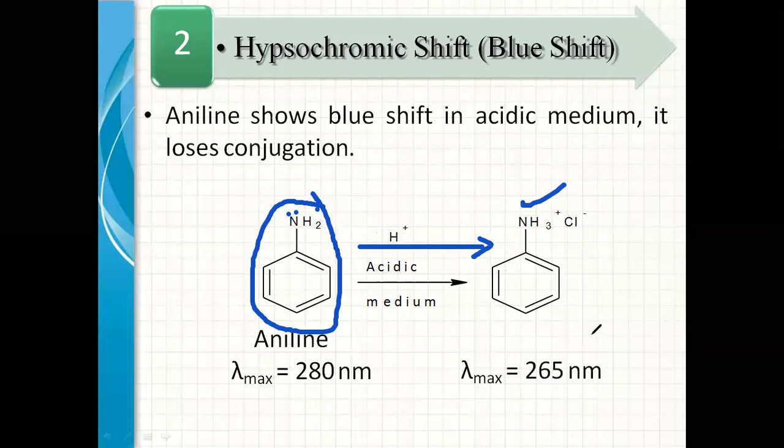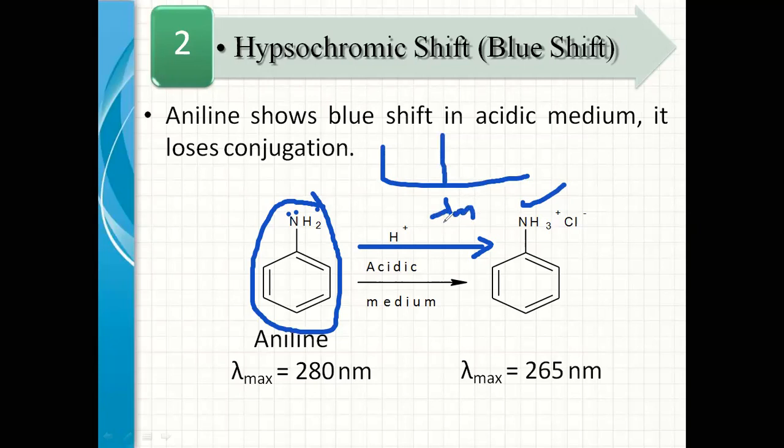So lambda maximum decreases, it shifts to the left side, which we call hypsochromic shift or blue shift. For aniline, lambda maximum is 280 nanometer, but if we change the solvent to acidic medium, the same molecule absorbs at 265.